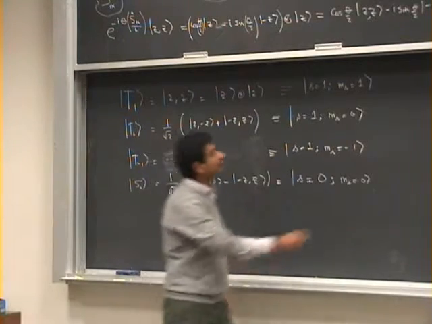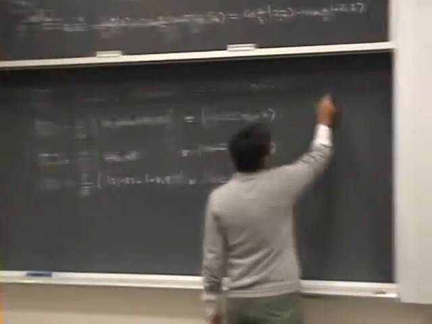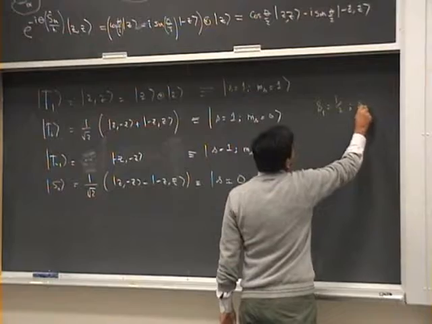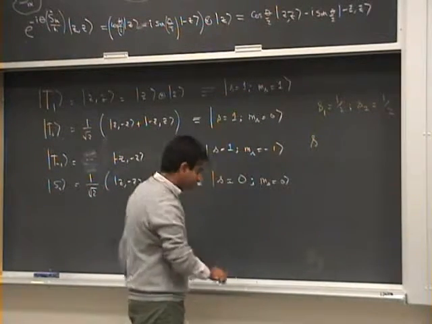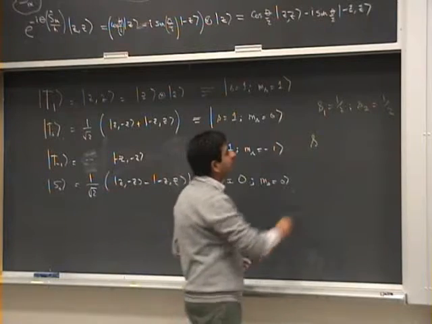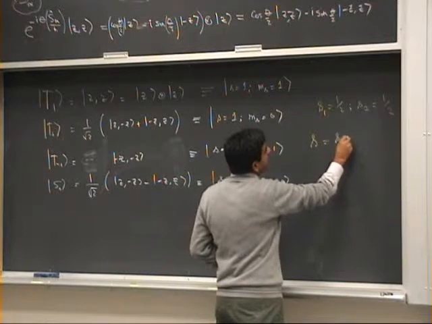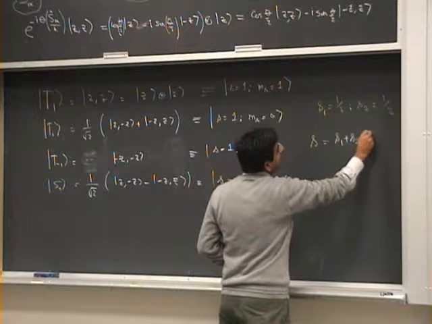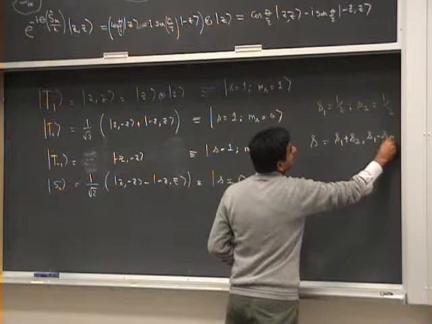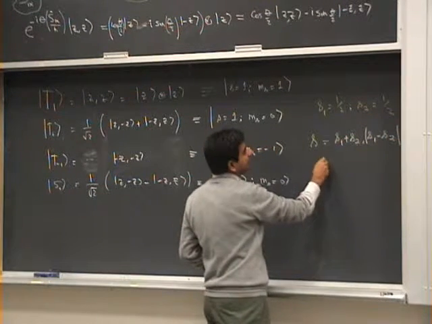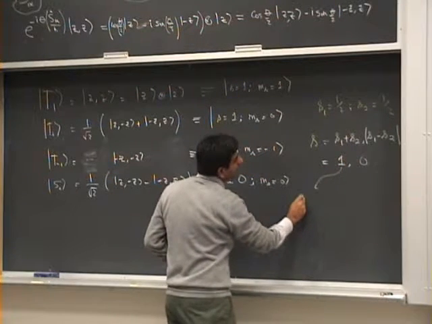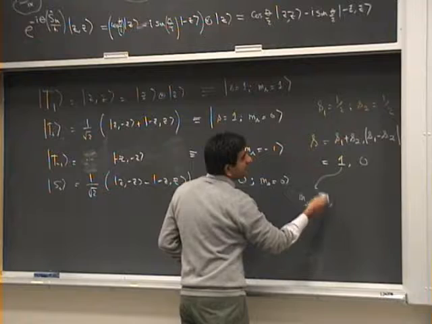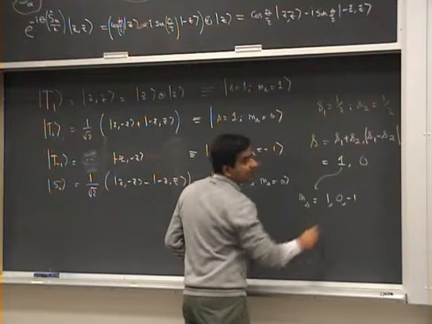You have started off with two spin half particles. S1 was half, S2 was half. If you want to calculate the total spin S, the two possible values of S are given by S1 plus S2 and S1 minus S2 for us. So this is 1 and 0. And corresponding to each value of S, we have 2S plus 1 values of MS.